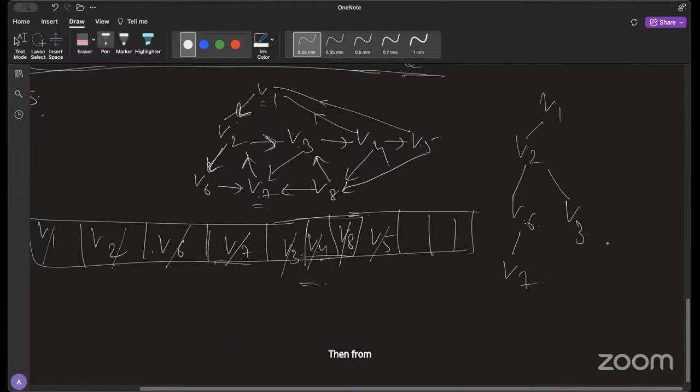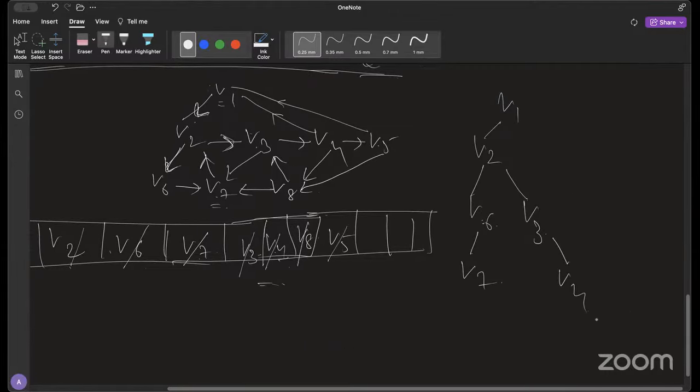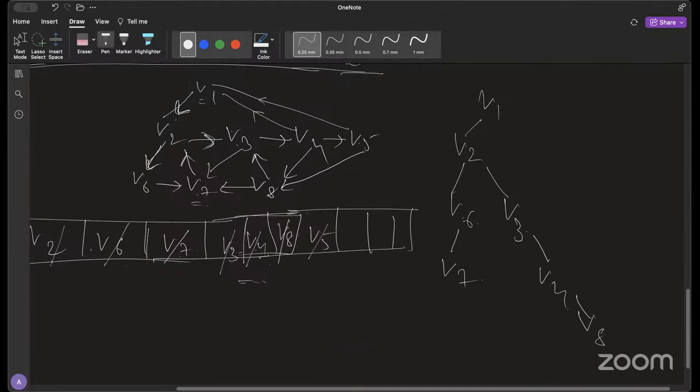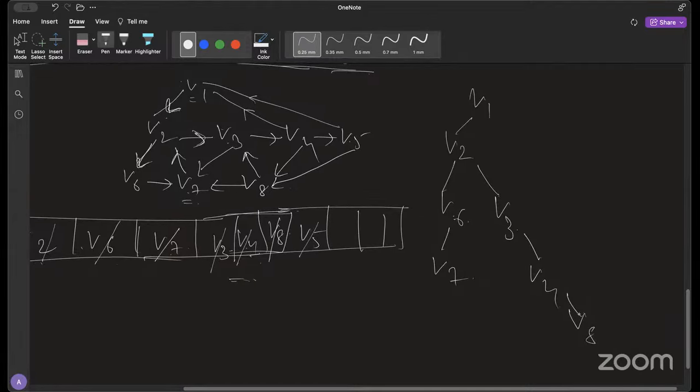Then from V3 you have V4. Then V8. V8 you're done exploring, so you trace back to V4. Then there is V5. And V1 is already done. So this should be your tree, right?